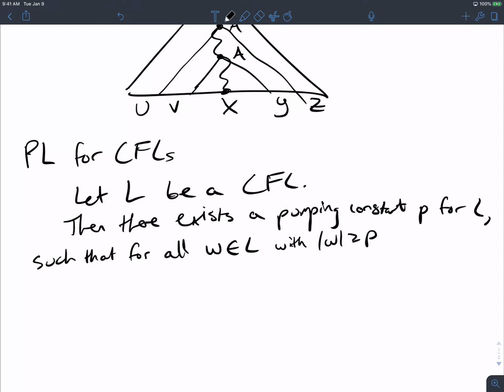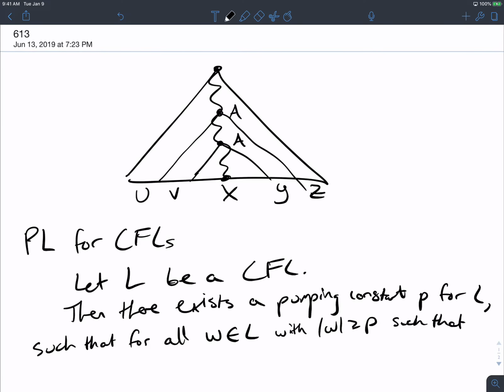Okay, so all strings in the language with length at least p, such that, so we're going to be looking at one decomposition or all decompositions, not a contradiction proof, just the pumping lemma itself. Do we need only one decomposition to work or all of them? We're not proving by contradiction here.